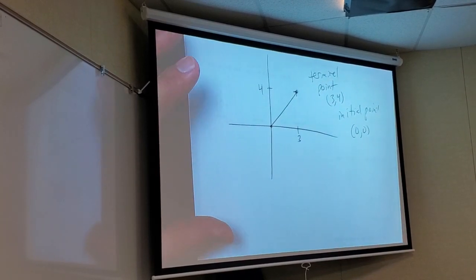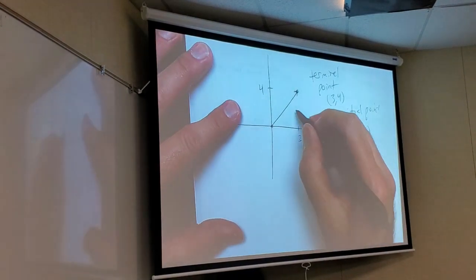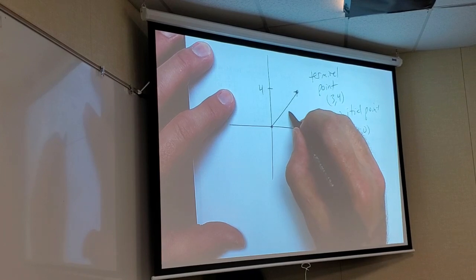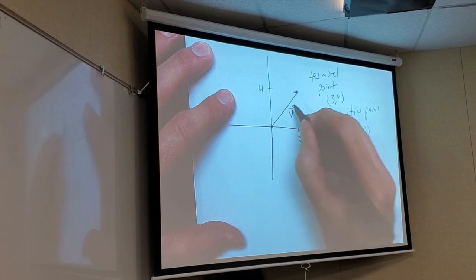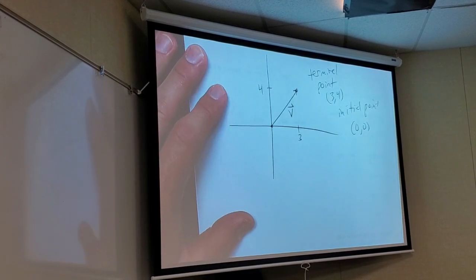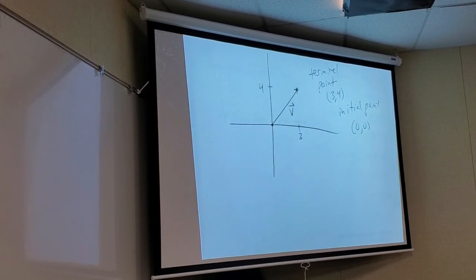So here's a nice thing. I could call this vector something like V, and I normally put a little vector symbol above the V. So that's vector V. Normally for vectors we use U and V. It's kind of like X and Y for points and numbers.